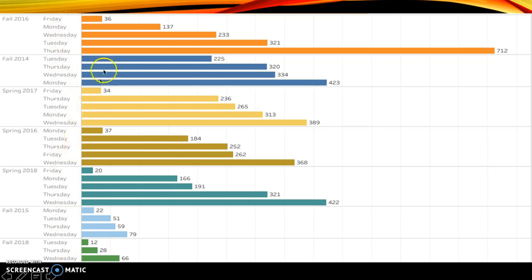I put them in an ascending order so that you could see through each graph that the day of the week within each semester that was frequented the most was easily visible. This data is the accumulation of the history department and the English department. And the filters will allow the user to fluctuate what they're emphasizing and what they want to look at.